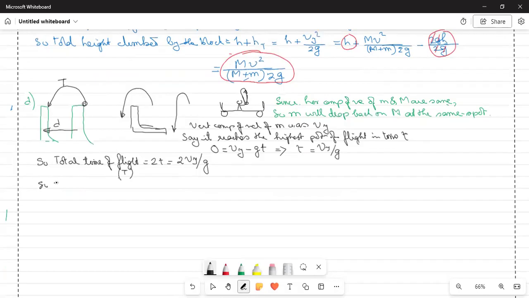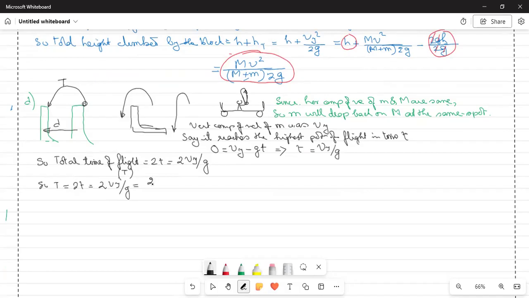So capital T equals 2t, the total time of flight, is equal to 2 vy upon g. The value of vy we have already found.